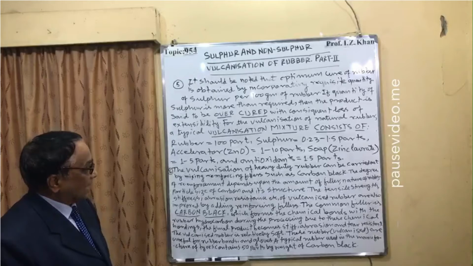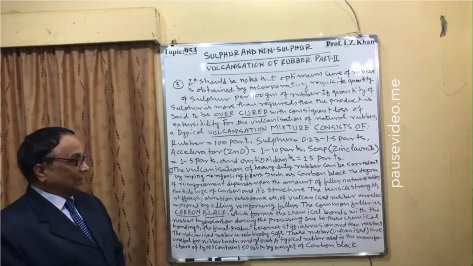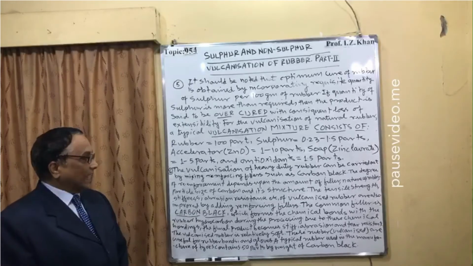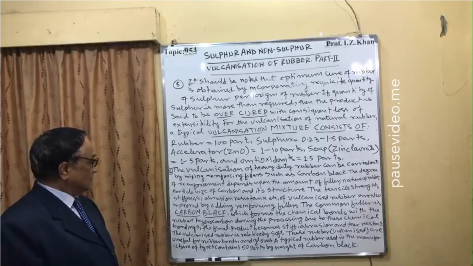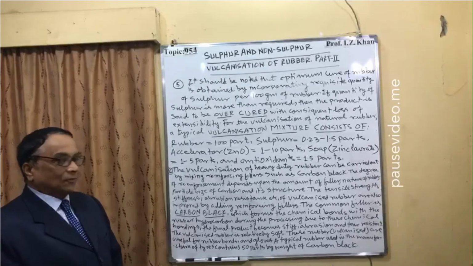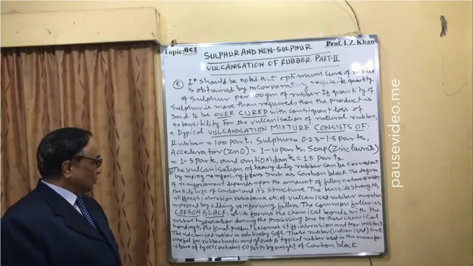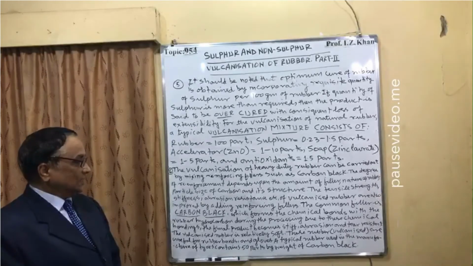The degree of reinforcement depends upon the amount of filler, nature of rubber, particle size of carbon, and its structure. The tensile strength, stiffness, abrasion resistance, etc. of vulcanized rubber are also improved by adding reinforcing fillers.